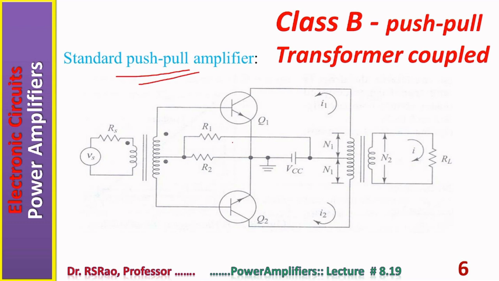This is the same as shown in the previous one, but the difference is that in this configuration, the derivation of two complementary input signals from the input signal is shown. It is done with the help of a center tap transformer.